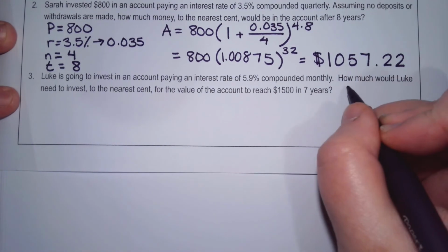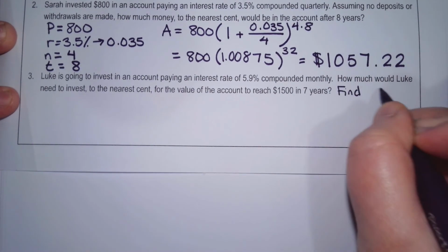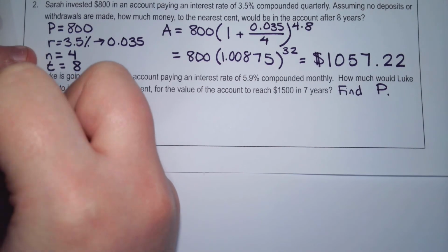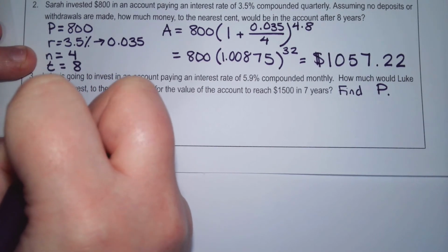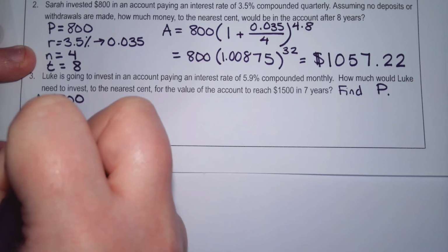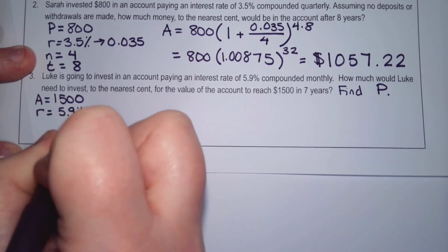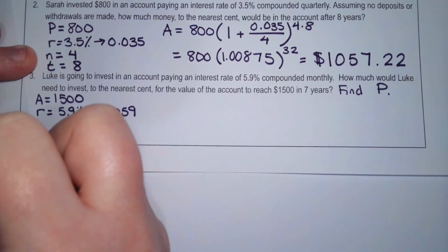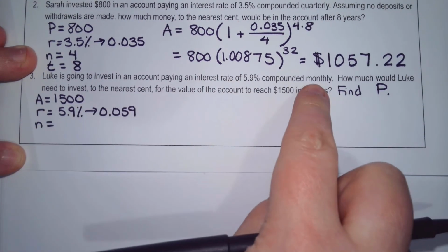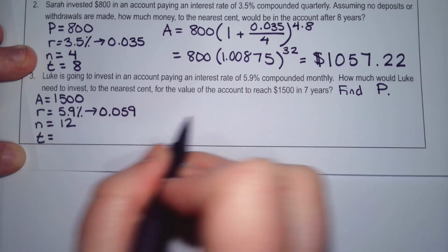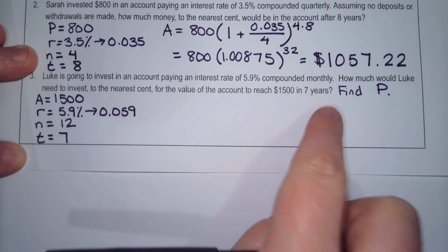So we need to find P. We need to find the starting amount. So our ending amount is $1,500. Our rate is 5.9%, which is 0.059. Our N, this is compounded monthly, so it's 12. And our T is 7 for 7 years.